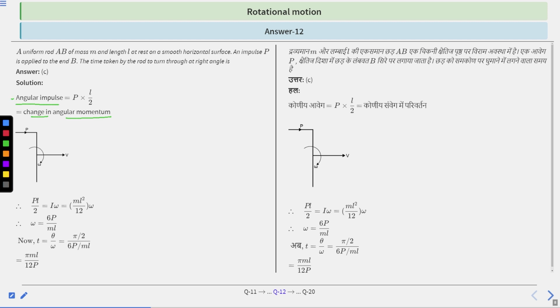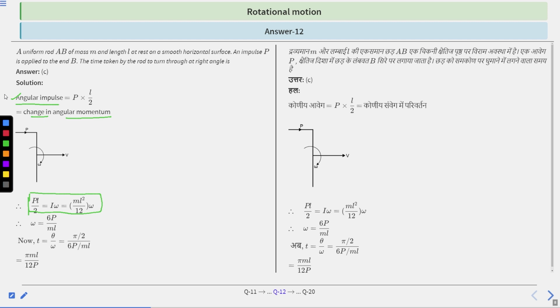So from this concept, PL divided by 2 is equal to I omega, which is equal to ml square omega divided by 12. Clear? So solving for omega, omega equal to 6P divided by ml.